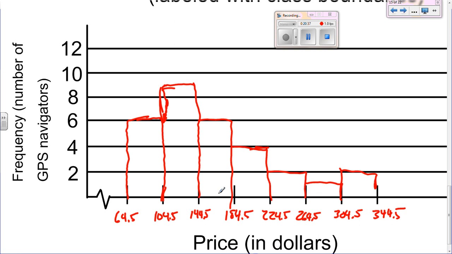So when you look at this data, it looks exactly the same as the one above it, except for the fact that these actually touch the marks.